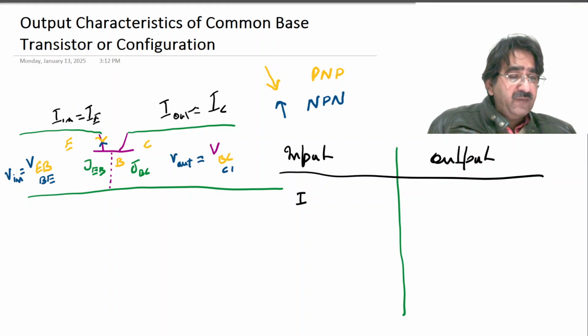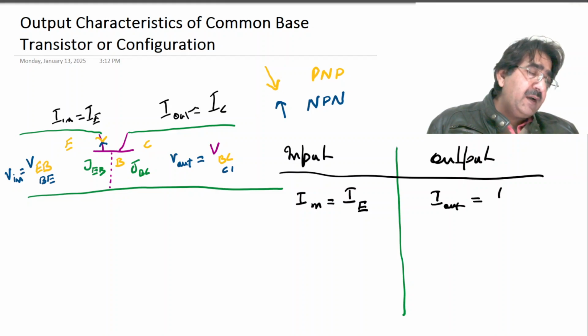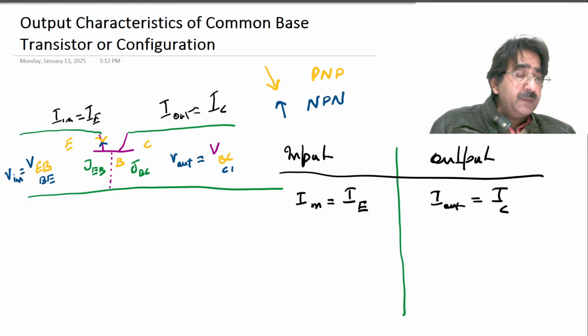For both PNP and NPN, I_in is I_E and the output current is I_C.